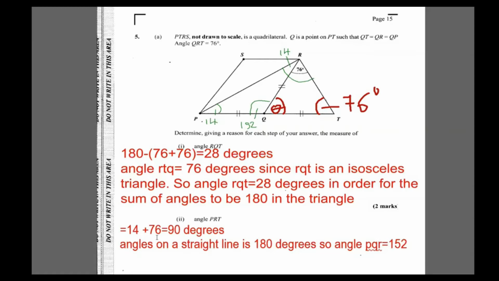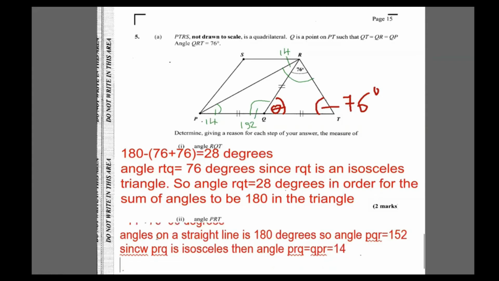Then the next thing you're going to tell them is that since PRQ is isosceles, then angle PRQ is equal to angle QPR, which is equal to 14 degrees.